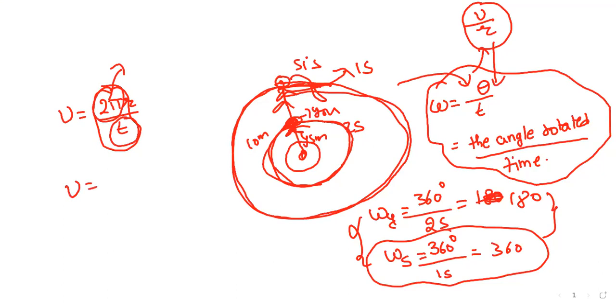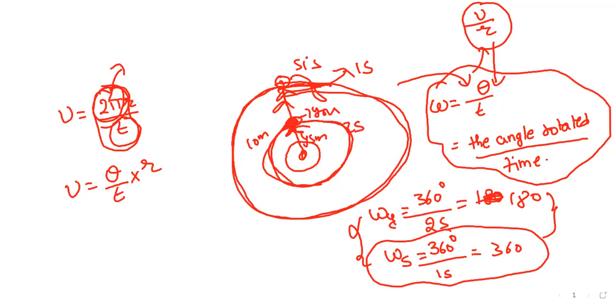So v equals theta upon t times r. Is this clear how I'm getting through this equation? Earlier we also calculated the tangential velocity using the circumference upon t.